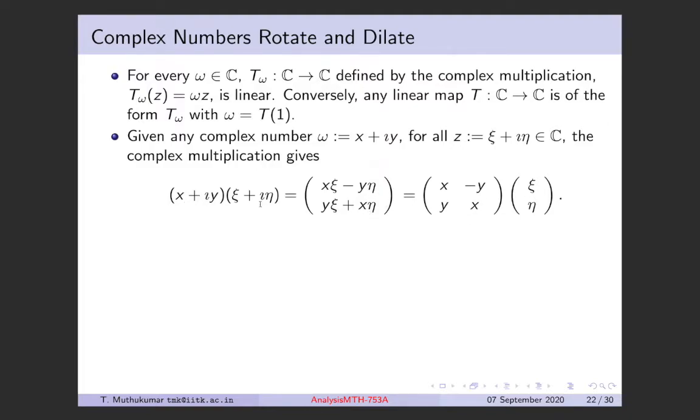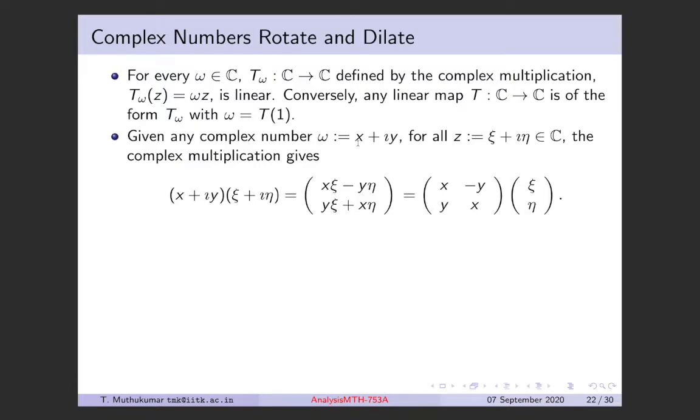So this complex multiplication can be seen as this map acting on xi eta, and xi eta is precisely the complex number z, and xy is precisely the complex number omega, which means this is a matrix associated to omega. In fact, what you see here is that every complex number can be associated to a matrix like this, a 2 cross 2 matrix.